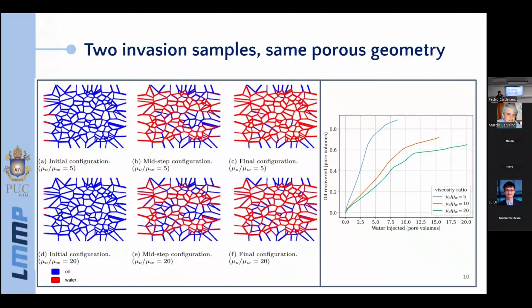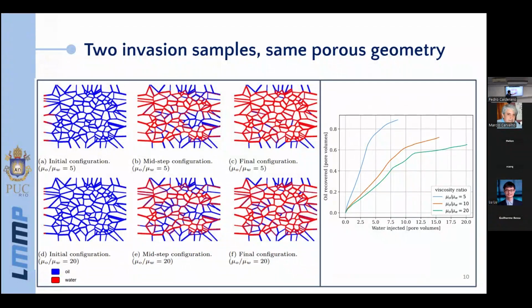In the bottom row, I have the higher viscosity ratio case. And the viscosity ratio is basically the ratio between the viscosity of the oil and the viscosity of the water, or the viscosity of the defending fluid and the invading fluid. So, well, I have three different viscosity ratios: 5, 10, and 20.